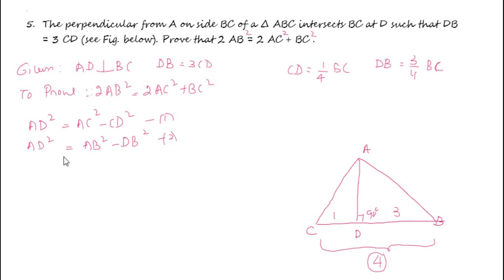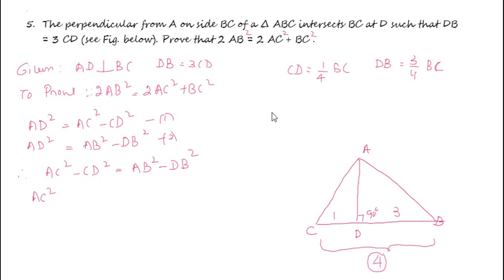Now equating 1 and 2, because AD square on the left side is the same, therefore AC square minus CD square is equal to AB square minus DB square or BD square. AC square will keep it as it is.